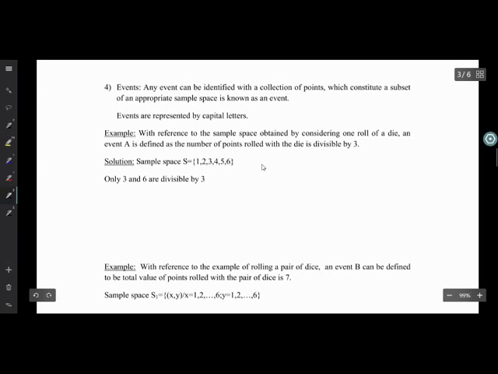For example, if we refer to the sample space which we obtained by rolling a 6-sided die, we can define an event A, where the number of points rolled with the die is divisible by 3. Then our event A can be written as 3 and 6, because only 3 and 6 in this sample space are divisible by 3.